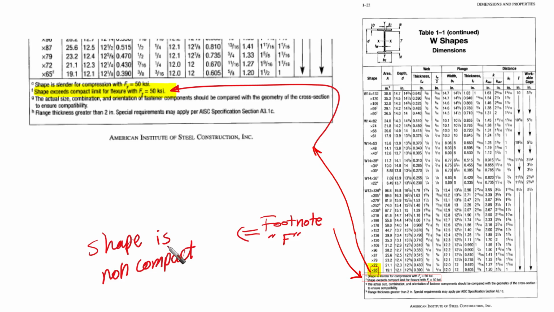Shape exceeds compact limit for flexure with F yield equal to 50, which is our case. Okay, so you can check this piece of information from table 1-1 for wide flange shapes, and this is the dimensions table. Okay.